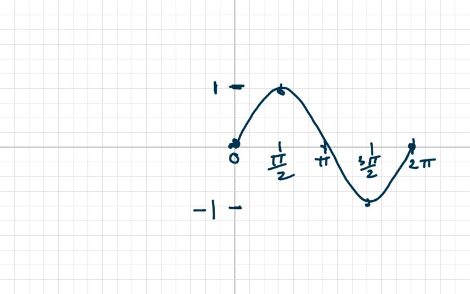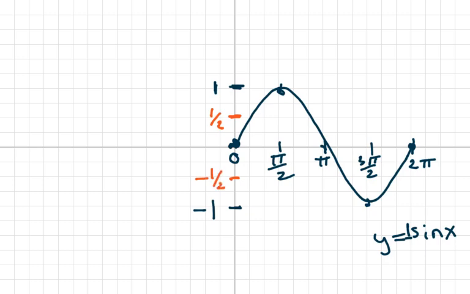Now, this one was y equals sine of x. That means my radius is 1. Now I'm going to do the smaller one. So I'm going to make this 1/2 and this -1/2.